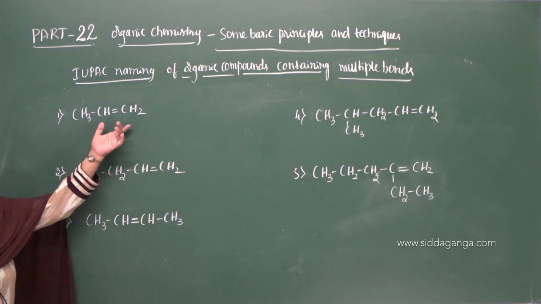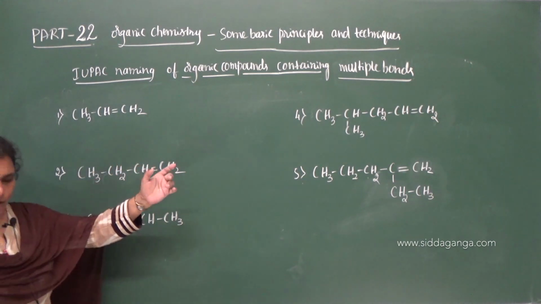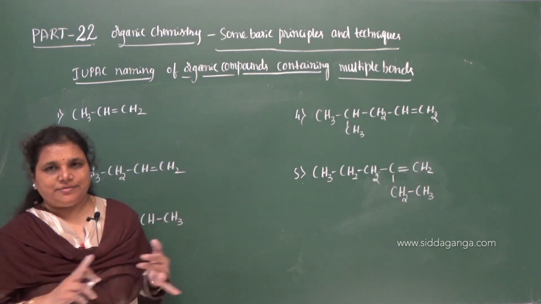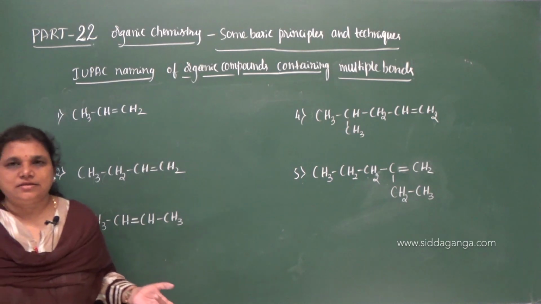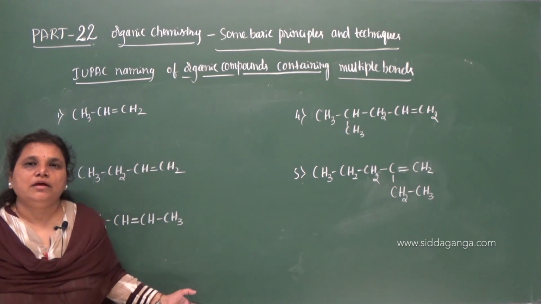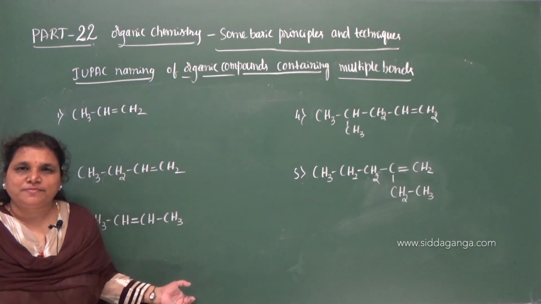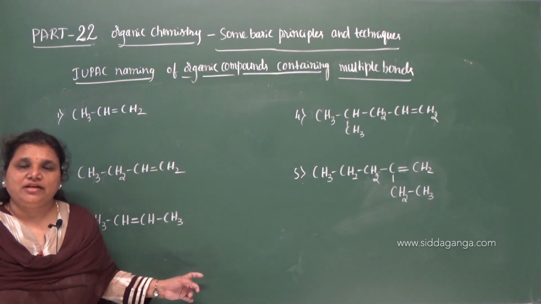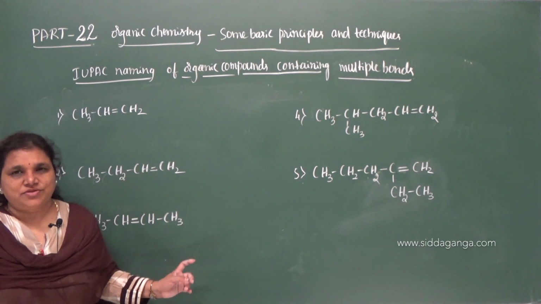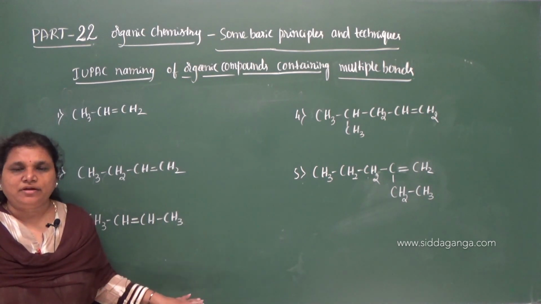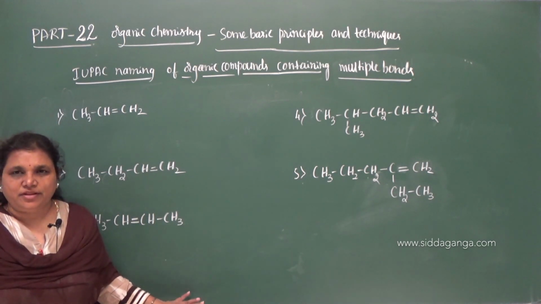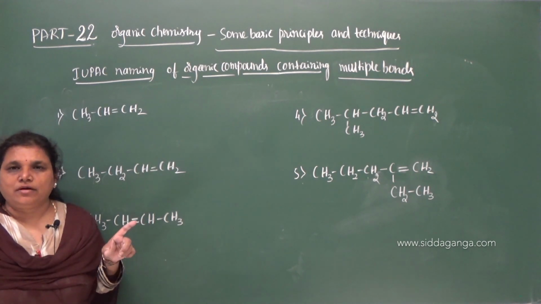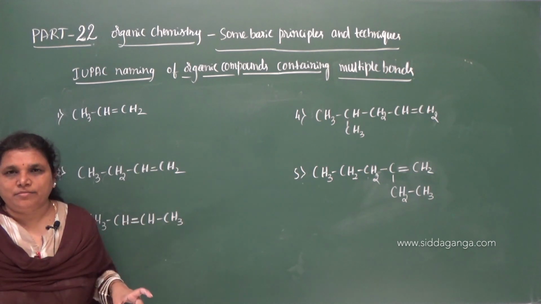So very simple. We have to select the longest chain containing the substituent group and the multiple bond. As I said, if a chain contains a multiple bond, you have to select the chain with the multiple bond even if it violates the longest chain rule, and you have to number the carbon chain in such a way that the carbon atom carrying the multiple bond gets the lowest possible number.